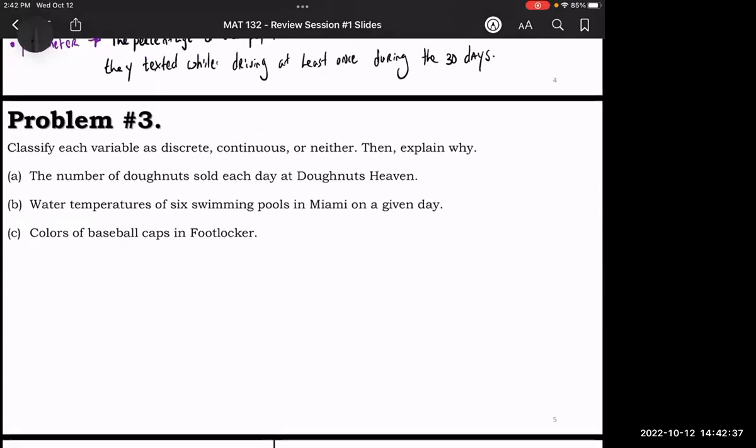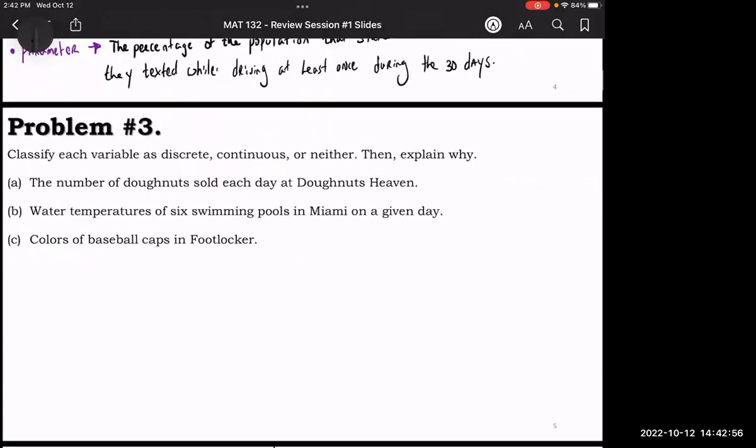Okay, problem number 3 states: classify each variable as either discrete, continuous, or neither. So let's try to give the answers and then we'll write out the explanation for each. Part A states the number of donuts sold each day at Donuts Heaven. Is it discrete, continuous, or neither? And why?